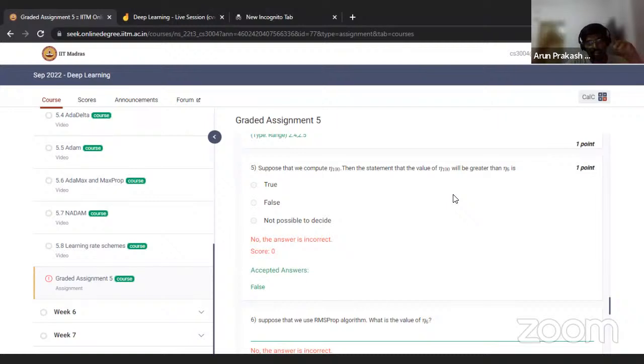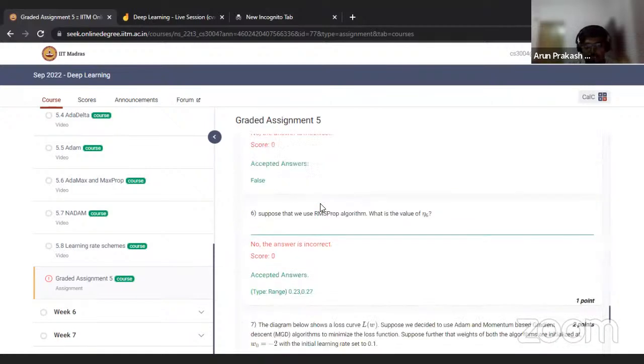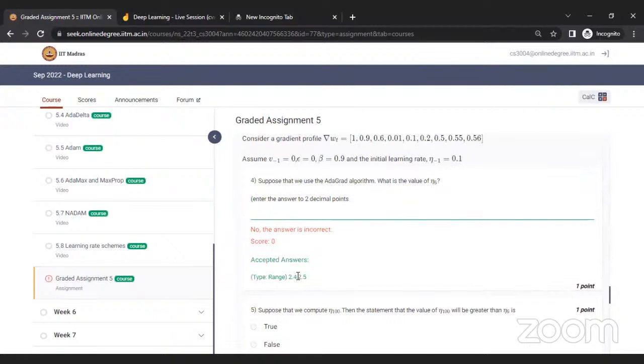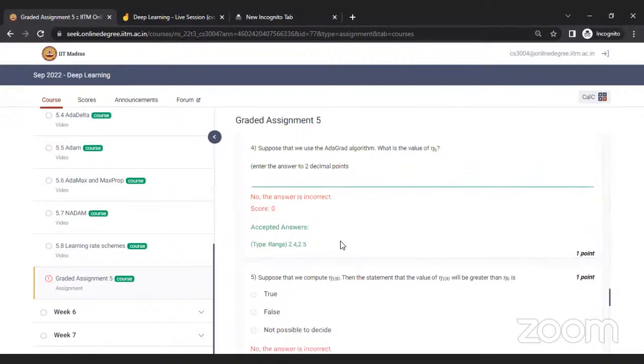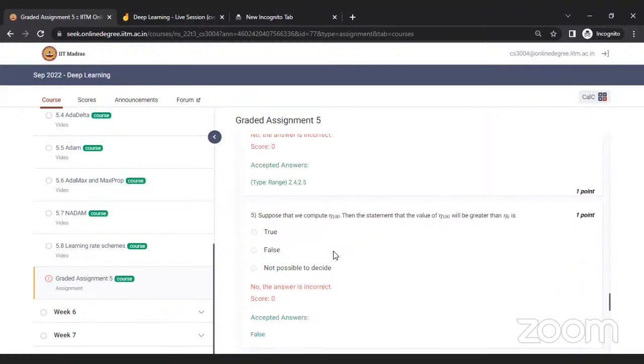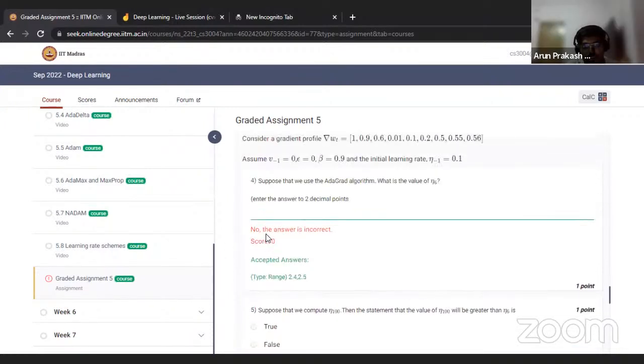Maybe it can be equal, but it cannot be greater. Similarly, for this value, eta 100 will be less than, not greater. Yes, sir, I got it. It's false, right? Yes, it's false.